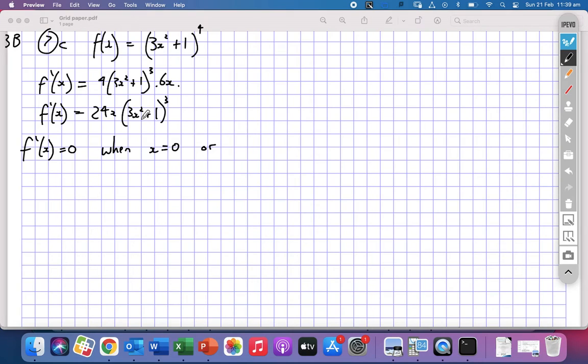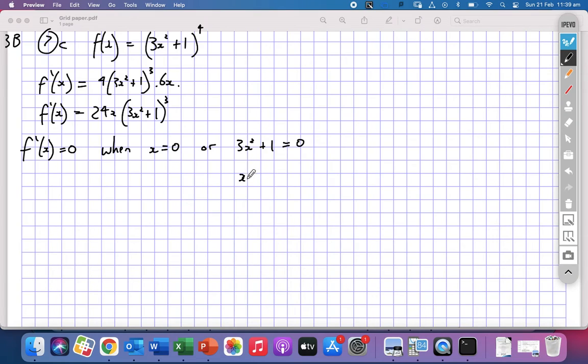When this bit in here, I don't care if it's cubed or not, if 3x squared plus 1 equals 0, now the answer is going to be never, because it doesn't matter what x you put in, you're going to square it. If you square a negative number, you get a positive number. Everything else is positive.